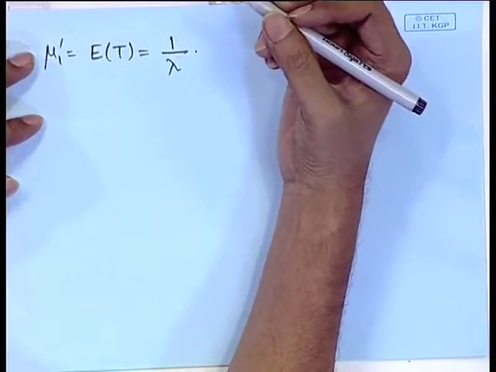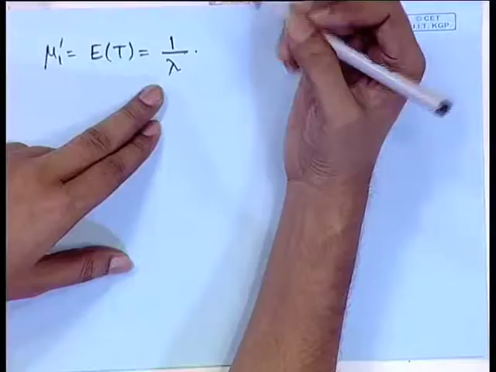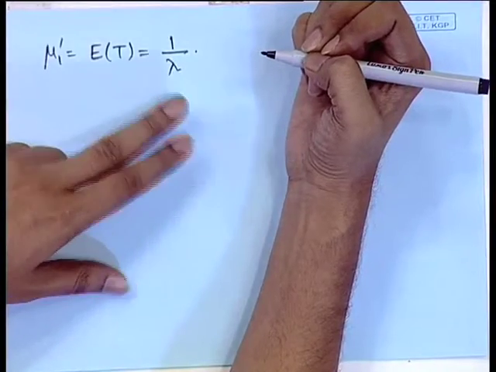So, if the rate of occurrence is lambda per unit of time, then the average waiting time for the first occurrence is 1 by lambda, which is very natural to understand. Suppose I say that in 1 hour 2 events will occur. So, roughly average waiting time for first occurrence will be 30 minutes.